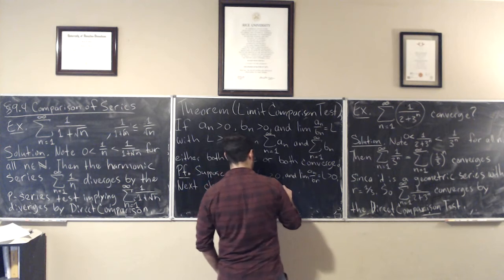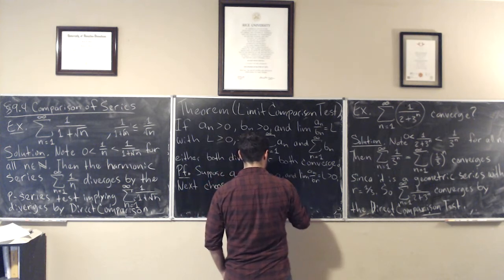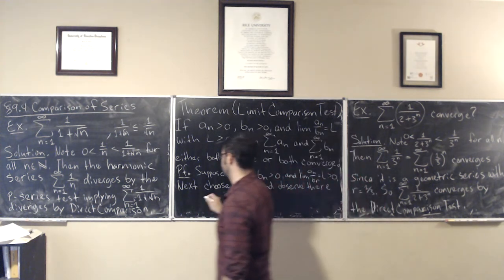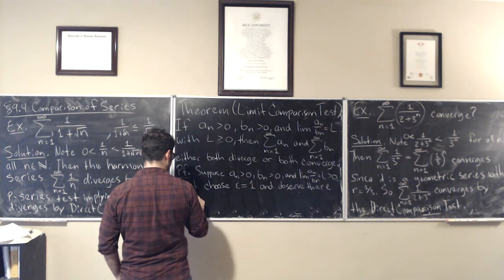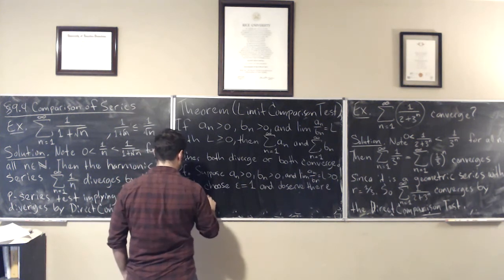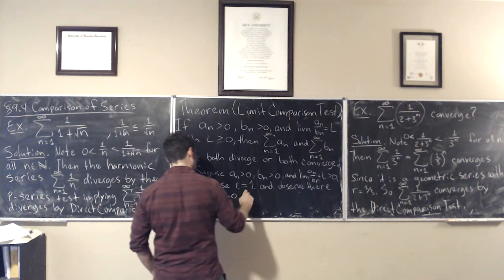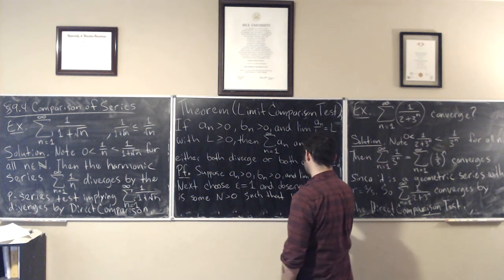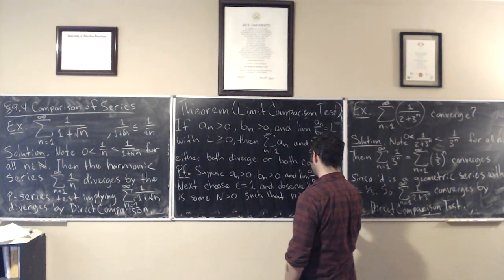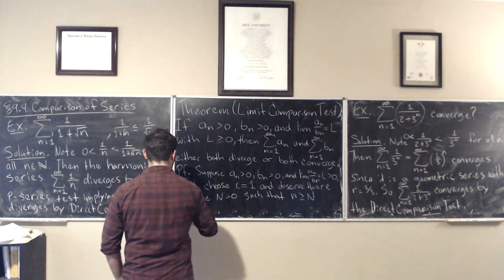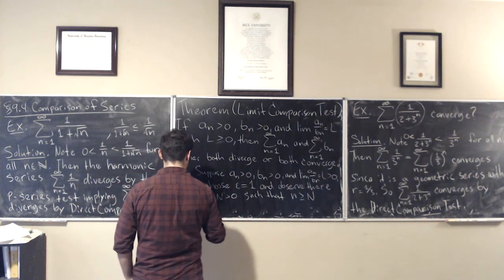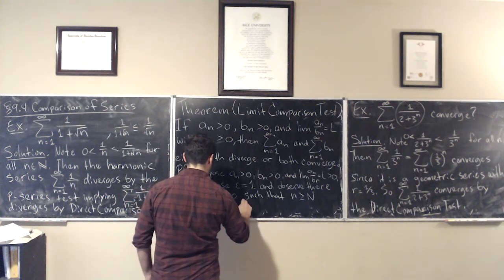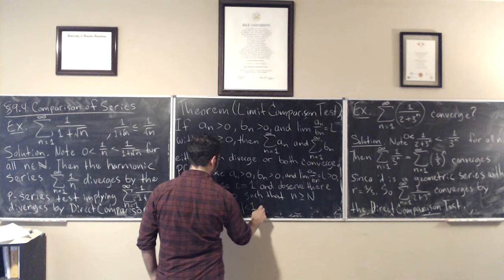There is some natural number capital N greater than 0 such that n greater than or equal to capital N implies that the distance from a sub n over b sub n to L is at most epsilon, which is equal to 1.